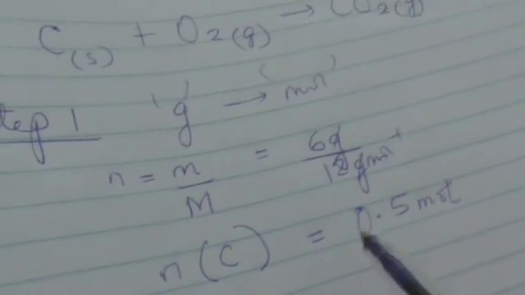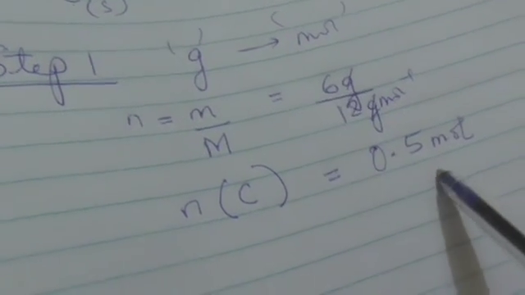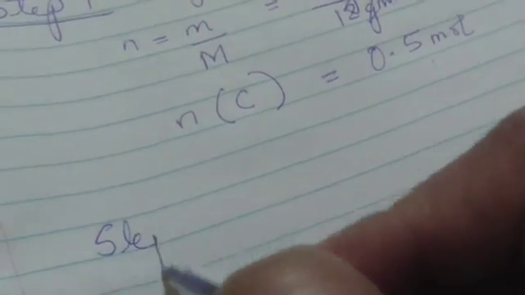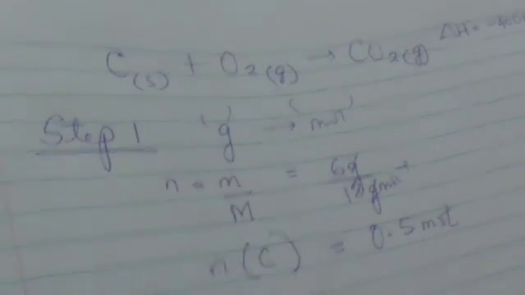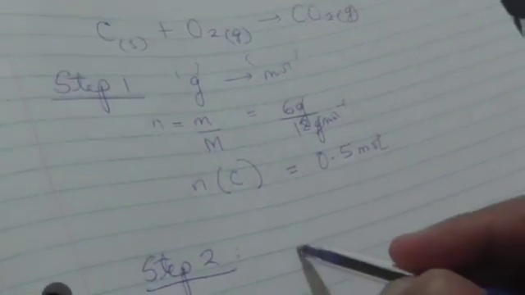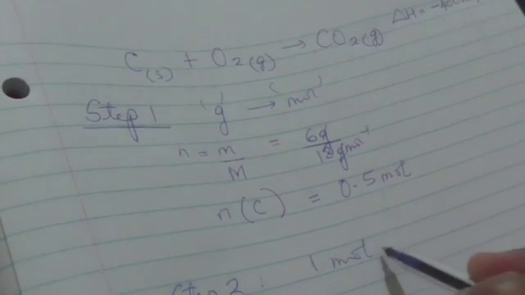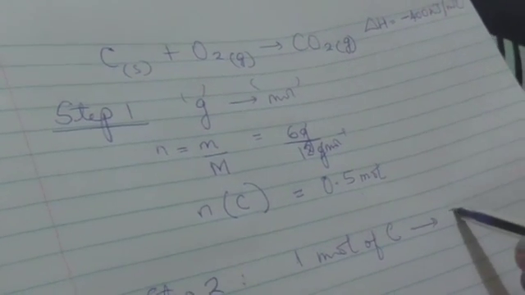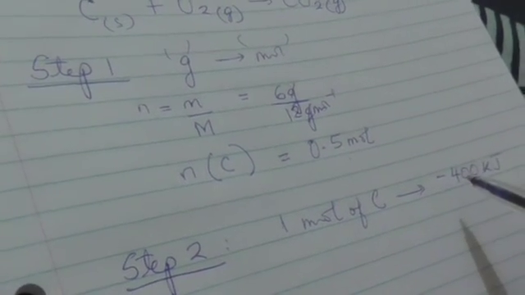So what I've done is I've taken the 6 grams that they were talking about in the question and converted it to mole. And then I can form a relationship with the equation that I have on top. I'll zoom out a bit so you can see the equation on top. That equation says that if you have 1 mole of carbon, the amount of heat released is 400 kilojoules of energy.